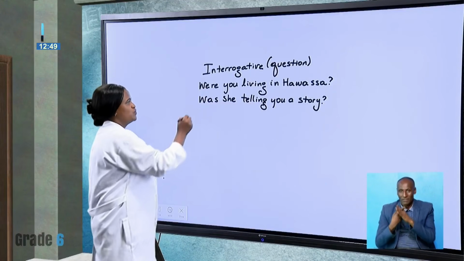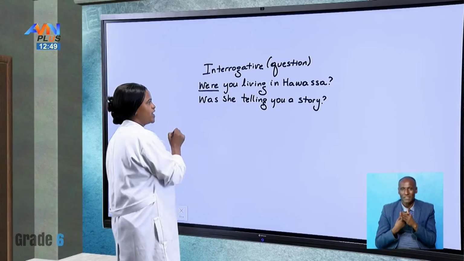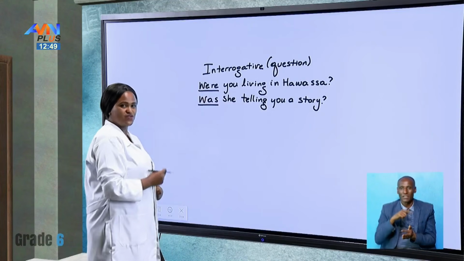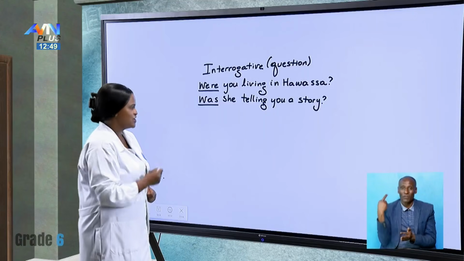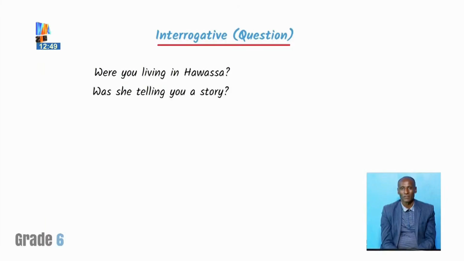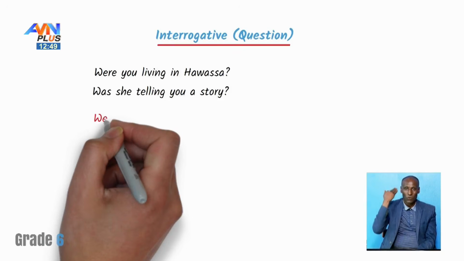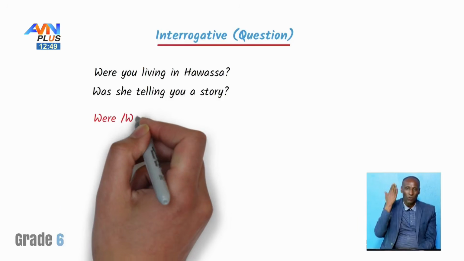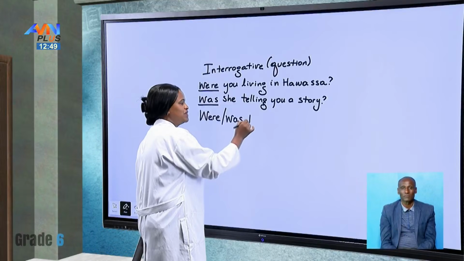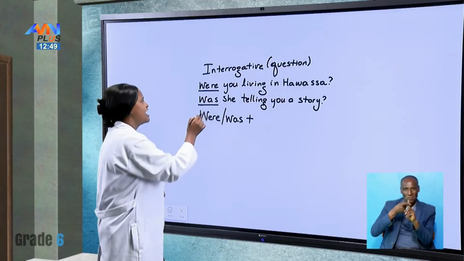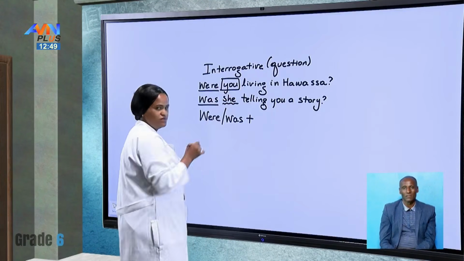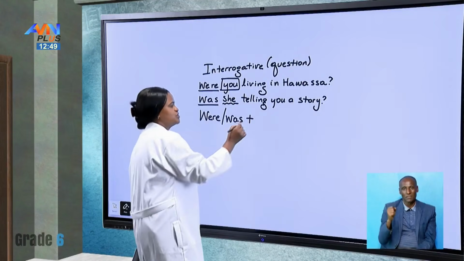Look, we started by saying what? Were and was. And these are what? Auxiliaries. Right? Okay, so the form is were, don't forget to make it capital, or was, plus, then what do we have after the auxiliary? Here is you and here is she. Yes, the subject.